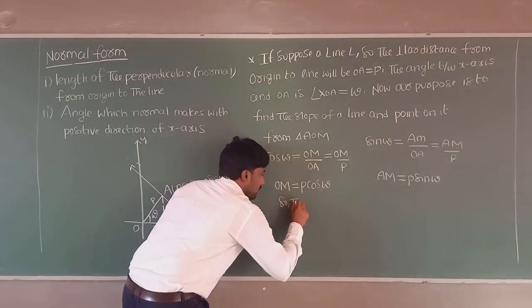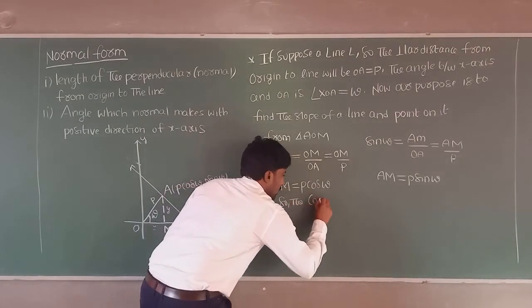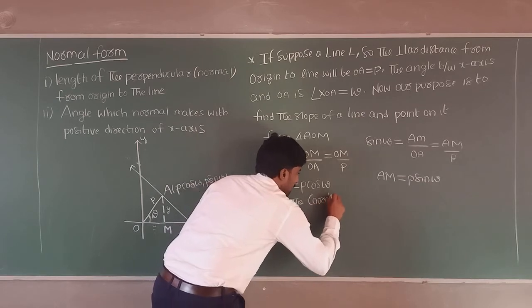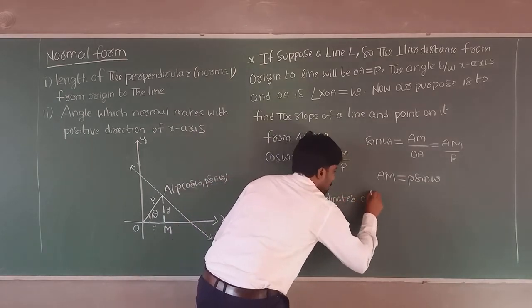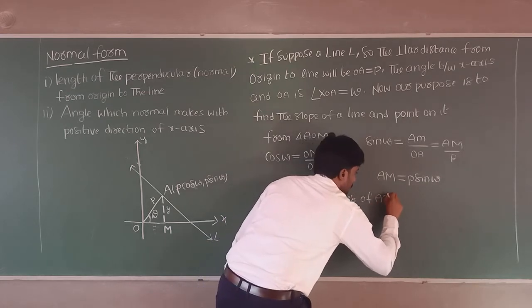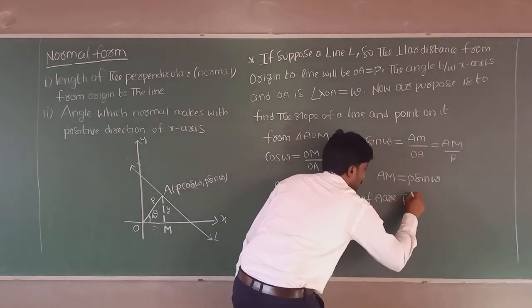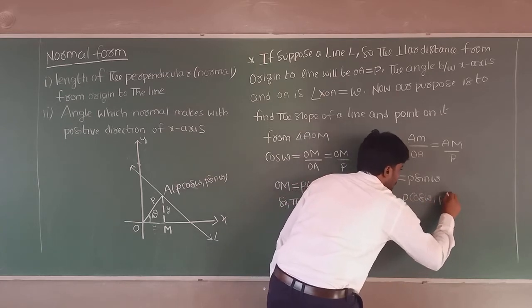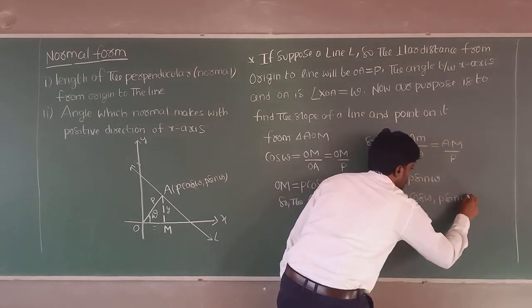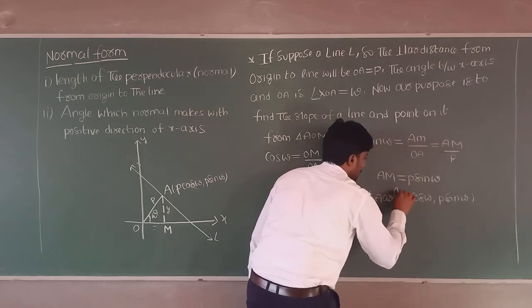So the coordinates of A are P cos omega, comma P sin omega. Okay, so this is the point A.